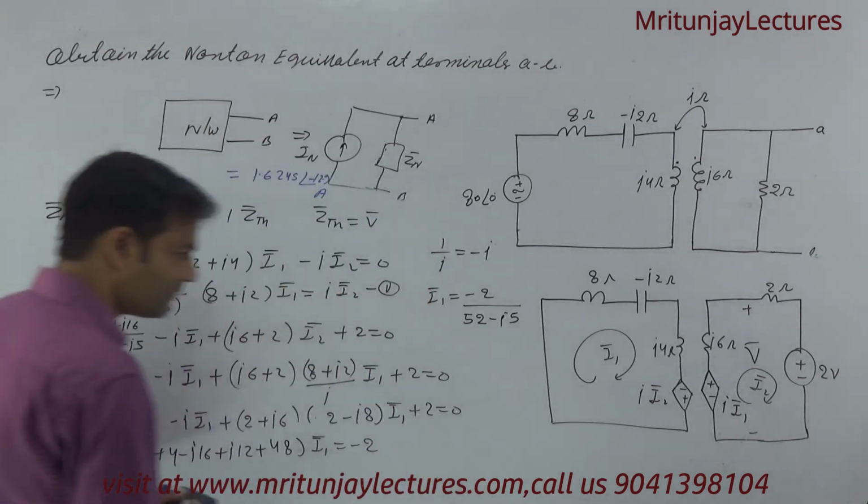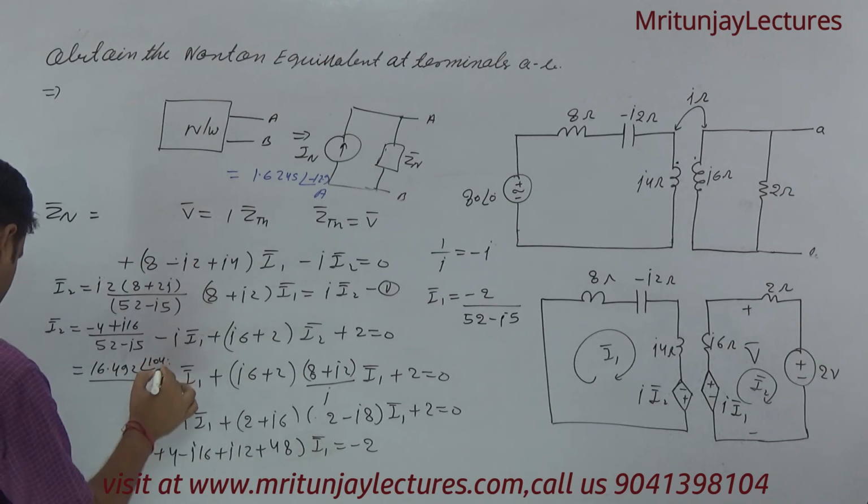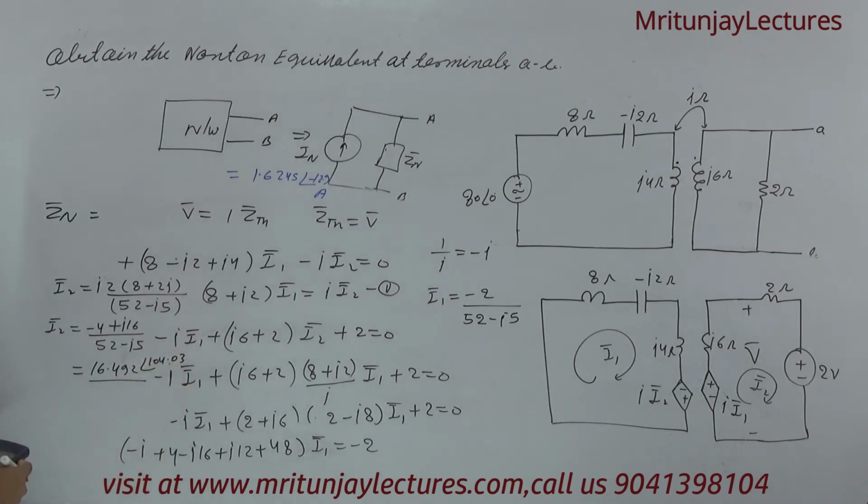Okay, now with the help of calculator, minus 4 plus 16J, this one is written as 16.492 at the angle 104.03 divided by 52 minus 5J.